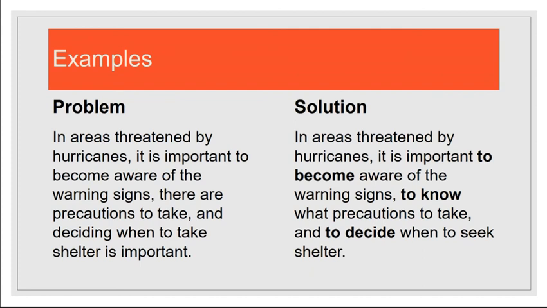In areas threatened by hurricanes, it's important to become aware of the warning signs, to know what precautions to take, and to decide when to seek shelter. This is much clearer than that first sentence, where we have different constructions. It's important to become, there are precautions to take, and deciding when to take shelter is important. All of these things make the sentence confusing.